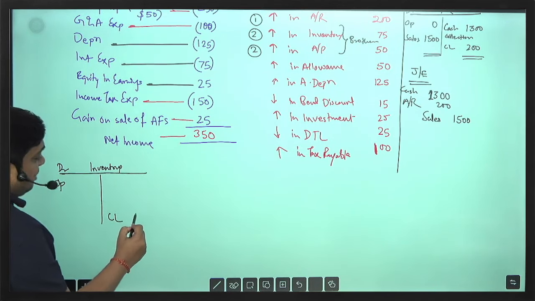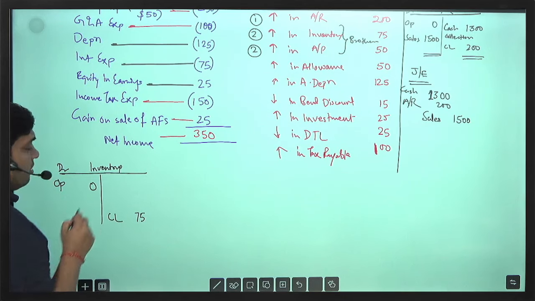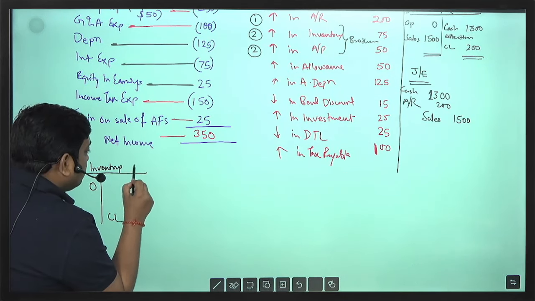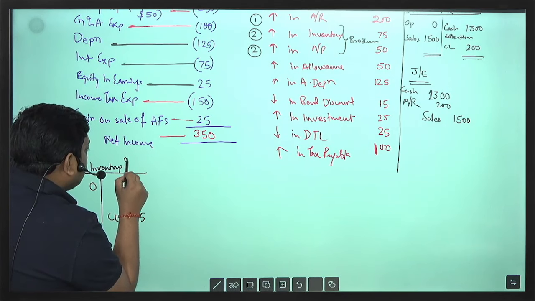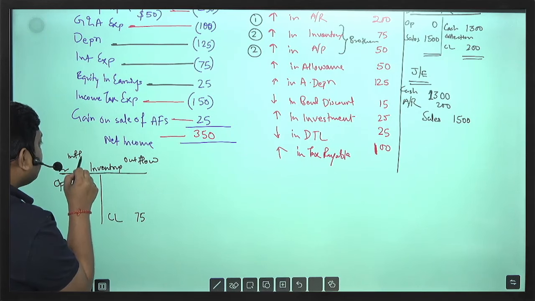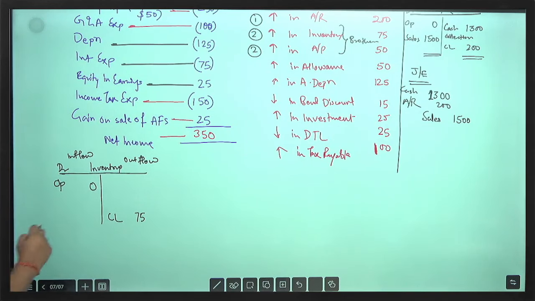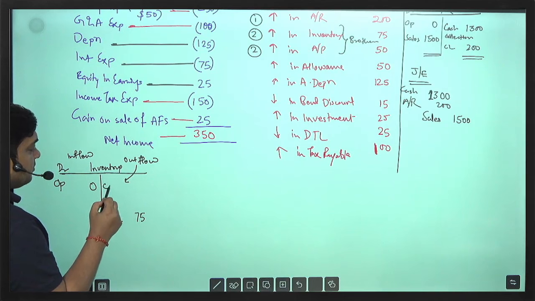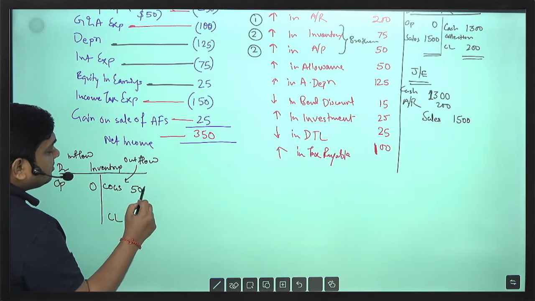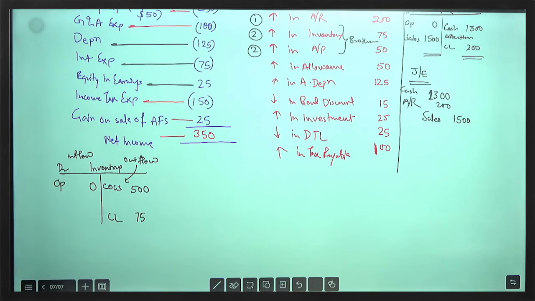It is increased, so I will write here, this is 0. Now COGS means outflow. This is outflow of goods. This is inflow of goods. So COGS outflow is how much? 500.